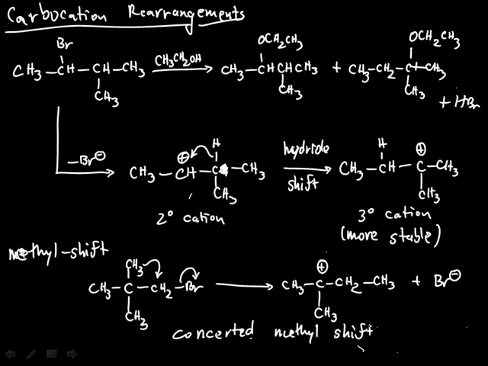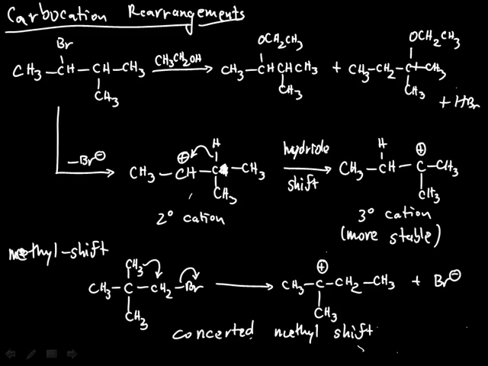So as a general rule, cationic intermediates can rearrange through either hydride or methyl shifts. These shifts are typically going in the direction of a more stable cation, so from secondary to tertiary, from primary to tertiary.